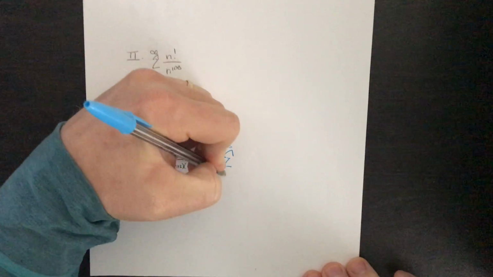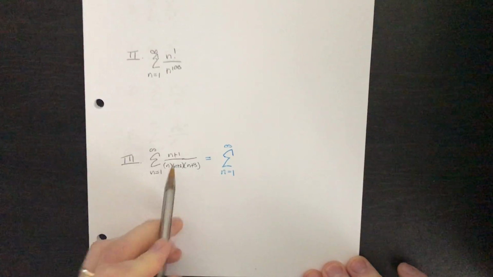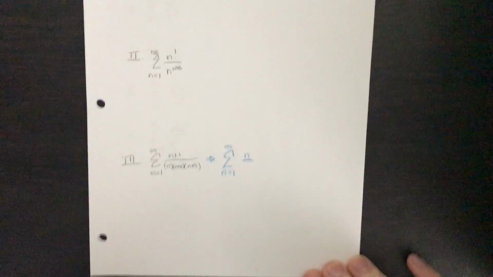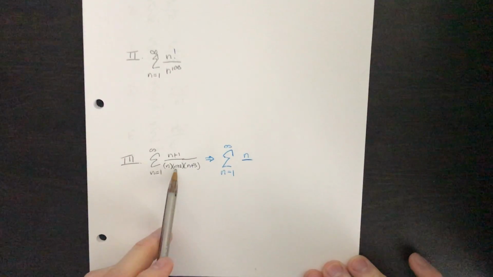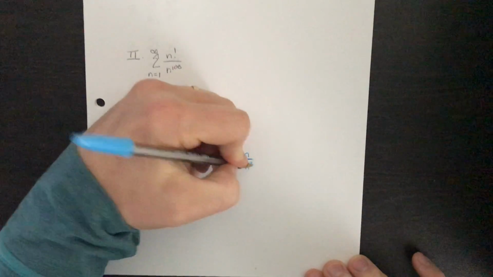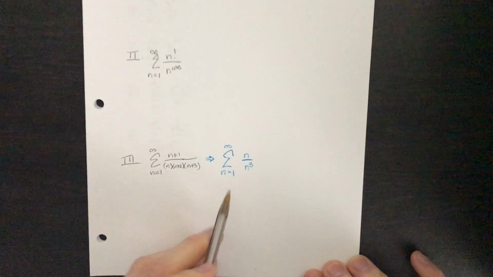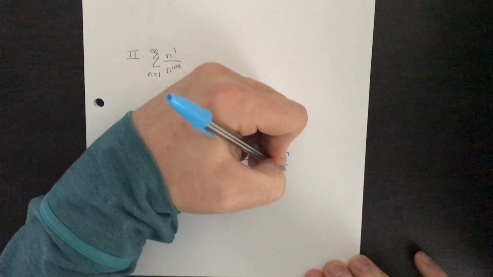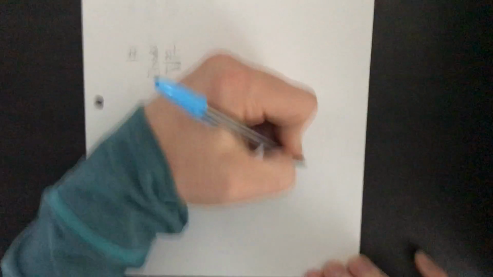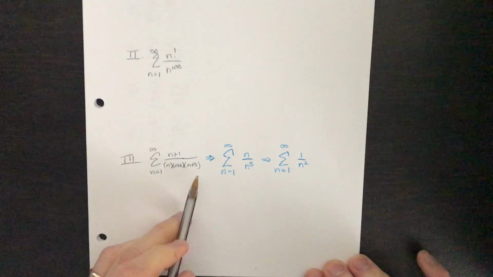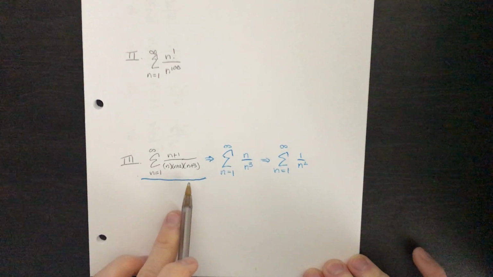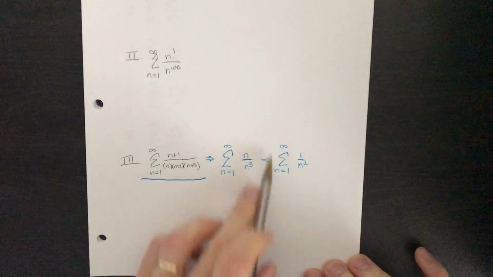Essentially this series could be rewritten as n over n times n, which would be n to the third. I'll put an arrow because it's not equal. The way I would want to compare this to something would be simplifying that rational, n over n to the third, and I would want to compare my original n plus 1 over n times n plus 2 times n plus 3 to this series at the end here.